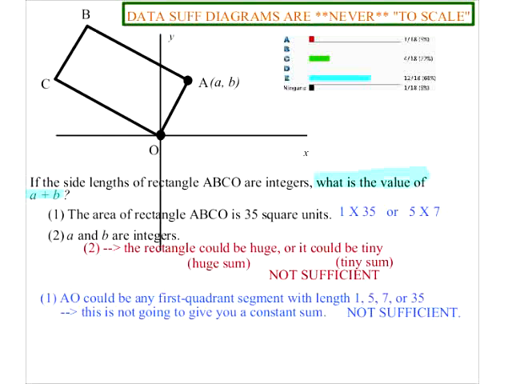Yeah, we need to have a right triangle triple. This is significant because from statement 1, our possible lengths are 1, 5, 7, 35. Let's look at how we might get those. If you have integer squared plus integer squared equals 1 squared, this is impossible.